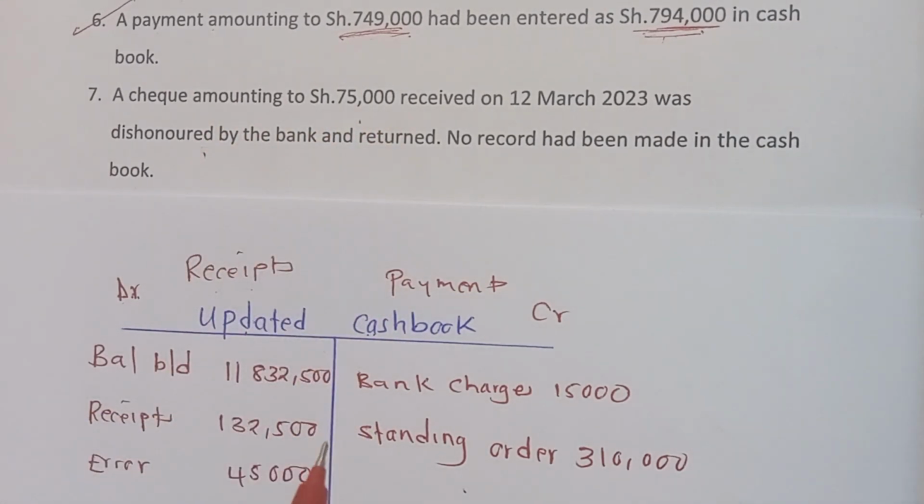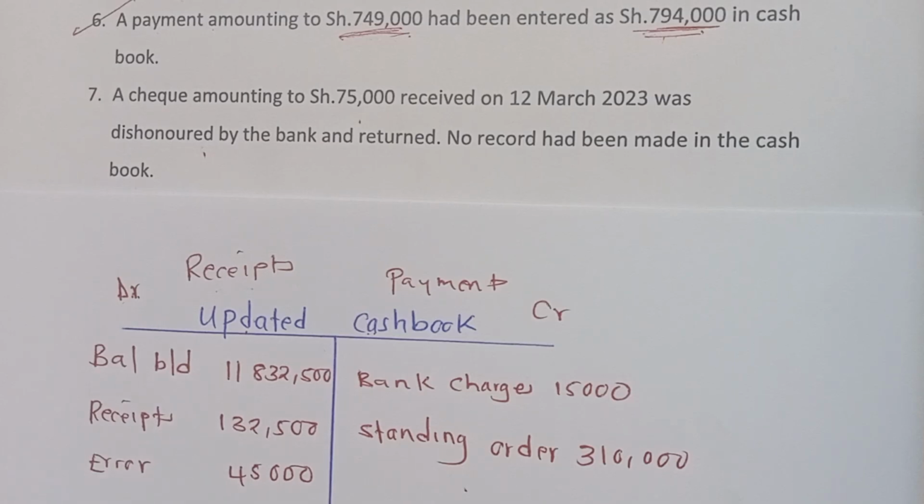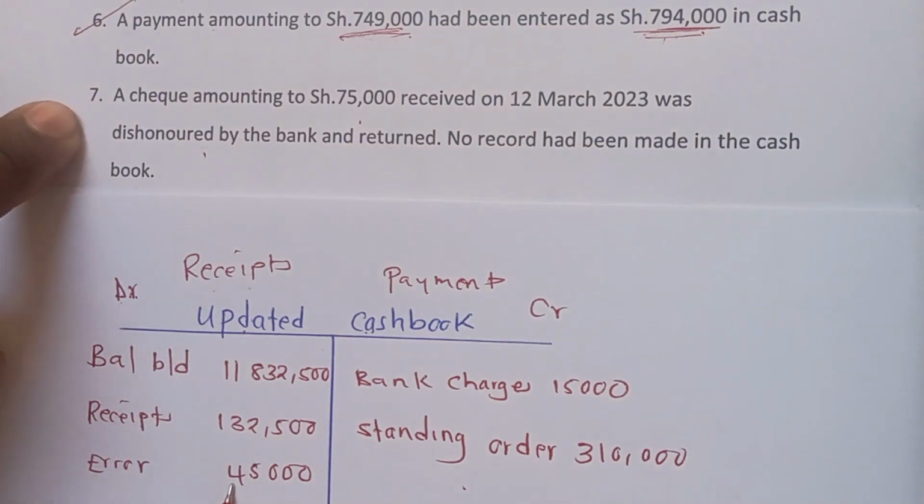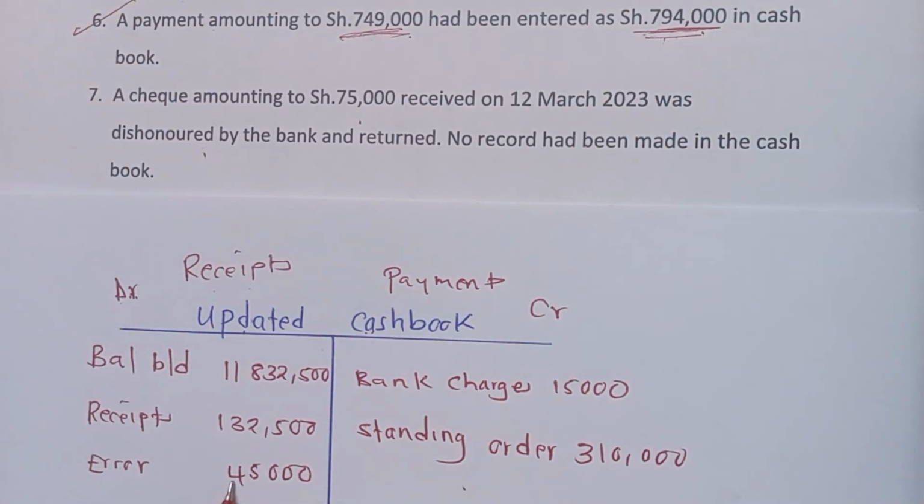So what we need to do, in order to make sure that the balance in the cash book and the balance in the bank statement come into agreement, is revoke that particular transaction. And how are we going to do it? Because it was already captured in the cash book, we need to remove it.